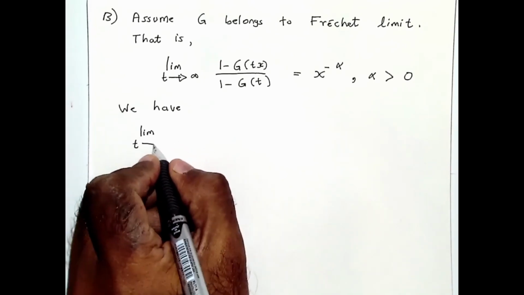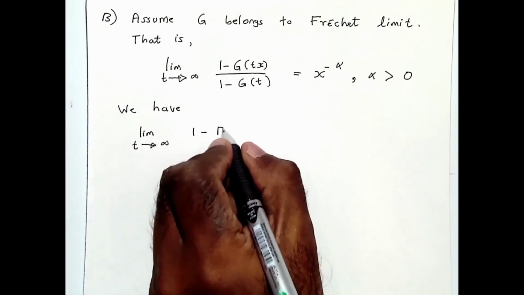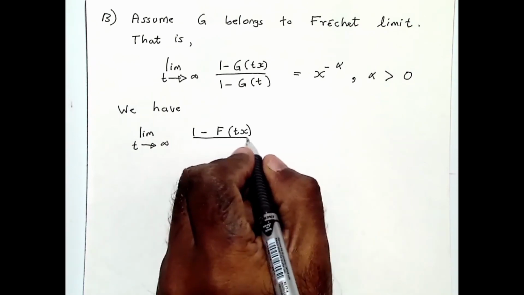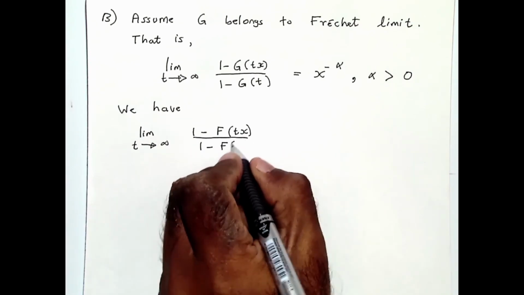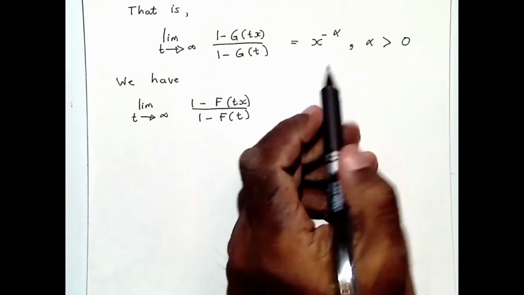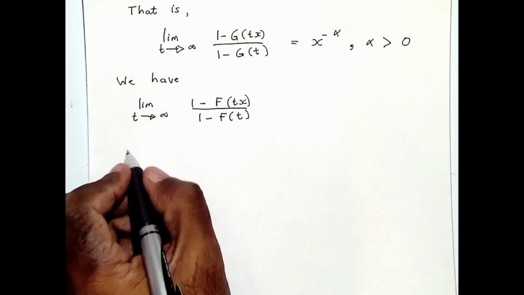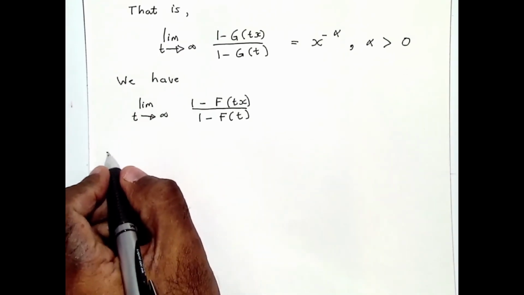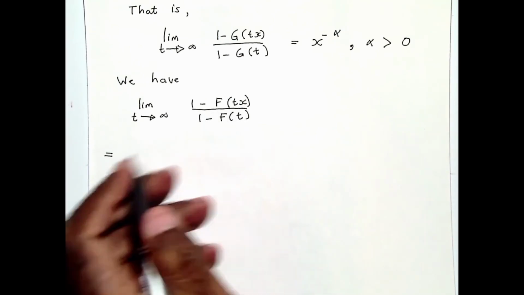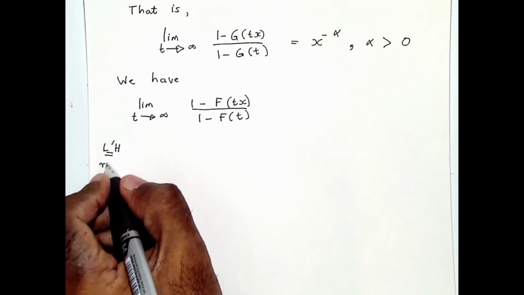The limit as t goes to infinity of this is also equal to something of this type, right? So in the first line, because you have 1 minus 1 divided by 1 minus 1, you can apply L'Hopital's rule.